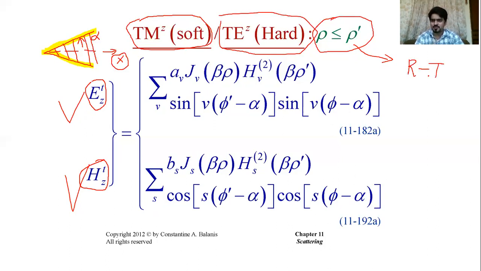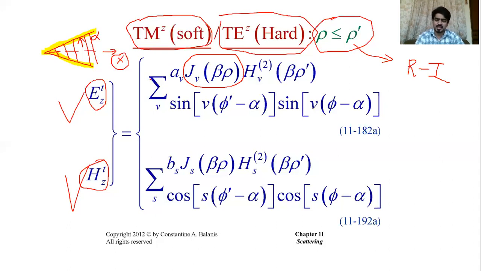Okay. So for this region 1, if you remember, once the location of your line source is fixed, as a function of rho, as a function of radial distance, you have Bessel function of the first kind type of variations along the radial direction.